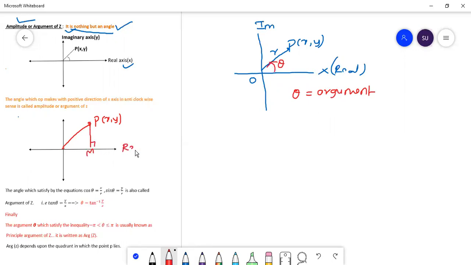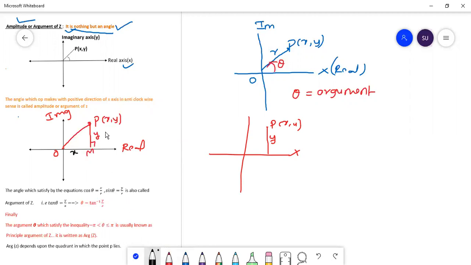This is real, this is imaginary, and this is O. Here P x comma y is here, right? That means the distance from the x-axis is nothing but the y coordinate. This is the x coordinate, this is the y coordinate, this is theta, and this is r.